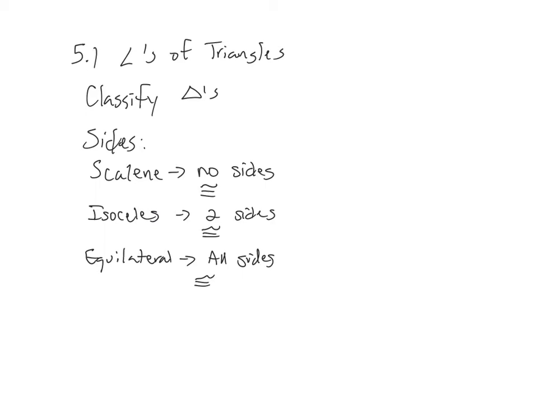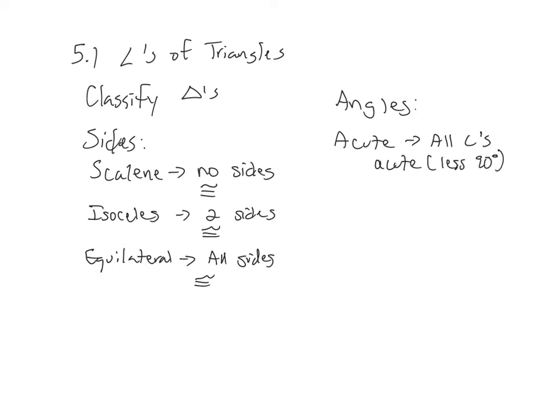Okay, then we have words to describe the angles. So we have an acute triangle. All angles are acute, less than 90 degrees. We have a right triangle, which means it has one right angle, or 90-degree angle.